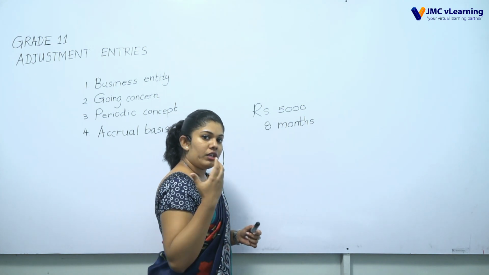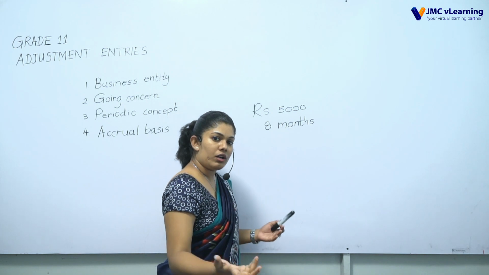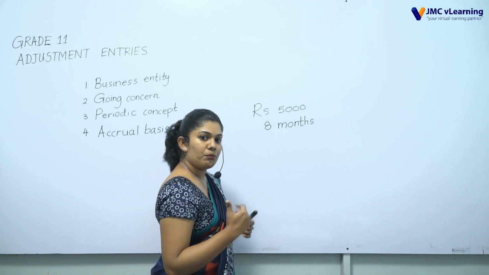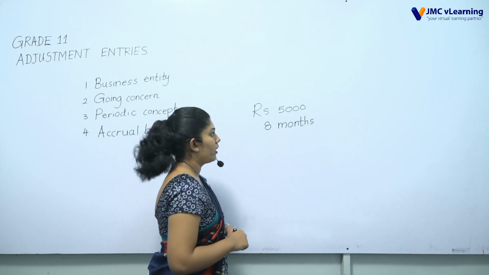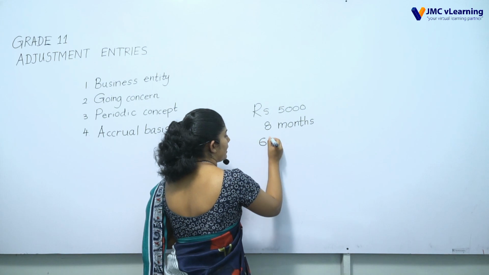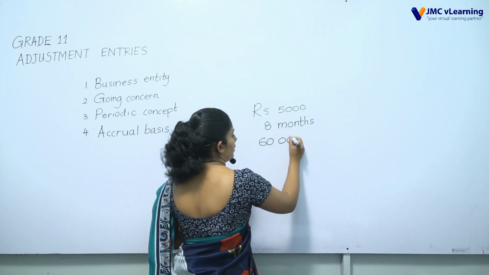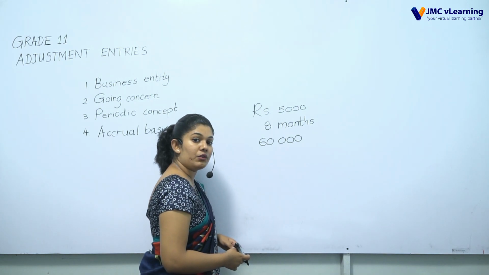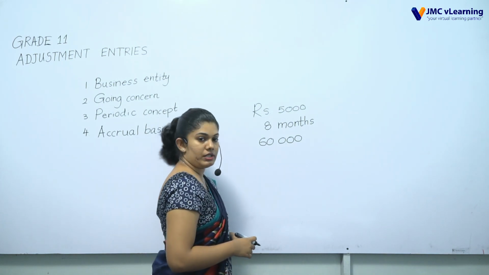But for the year, as a total, how much should we receive? We have to receive in total 60,000. 5,000 into 12 months, we have to receive 60,000.